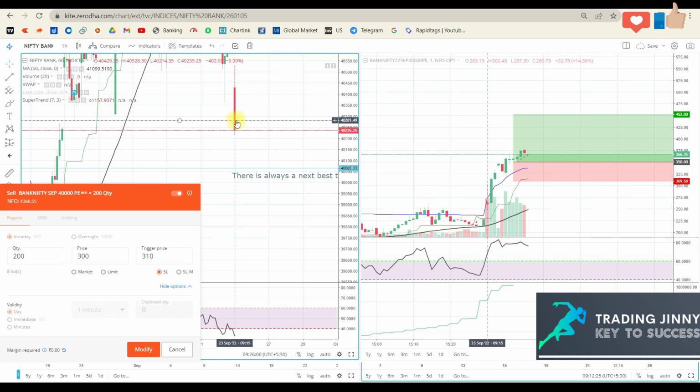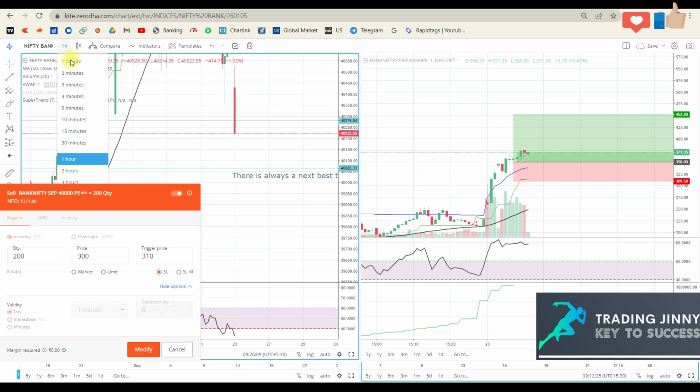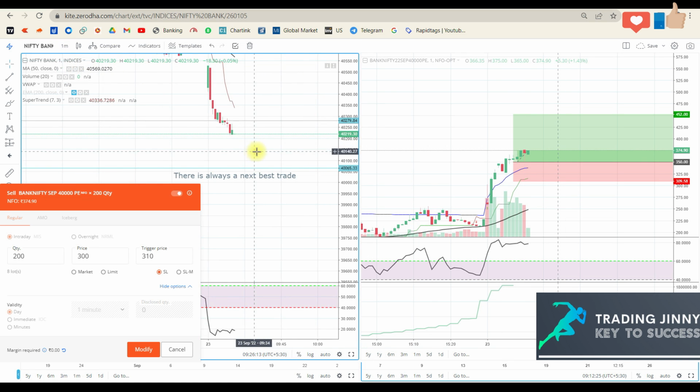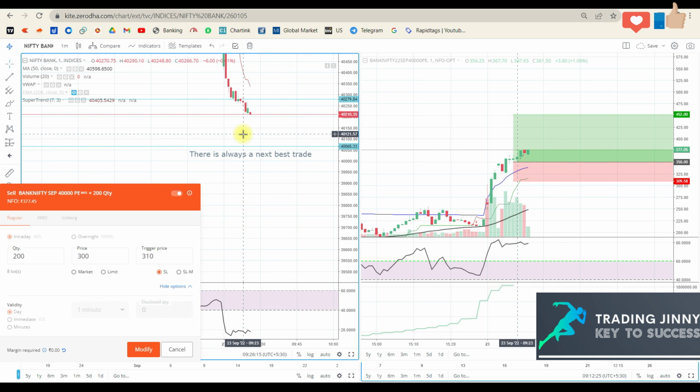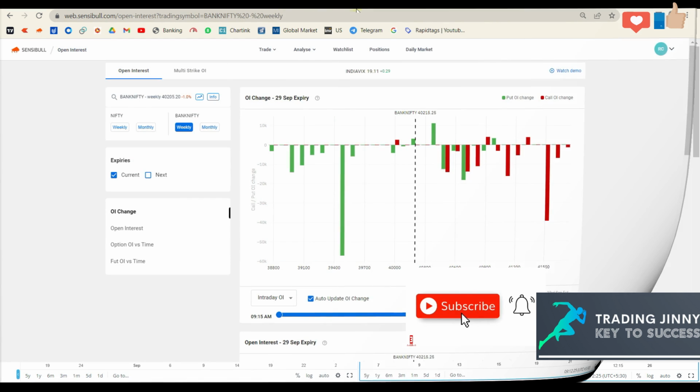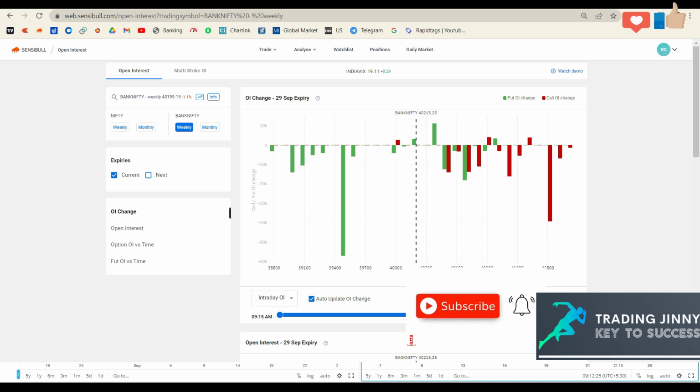As soon as it broke down, it gave me confirmation that a strong support is breaking down. That's why I took this trade, considering also, as I said, the current market condition, how the rupee is panning out against the dollar.